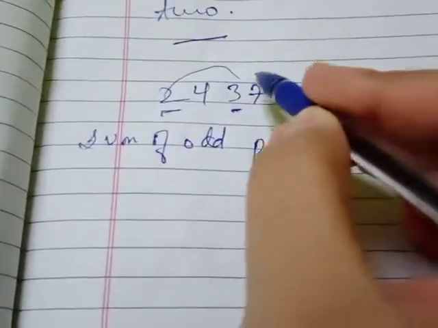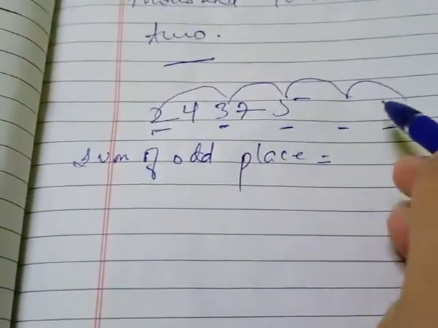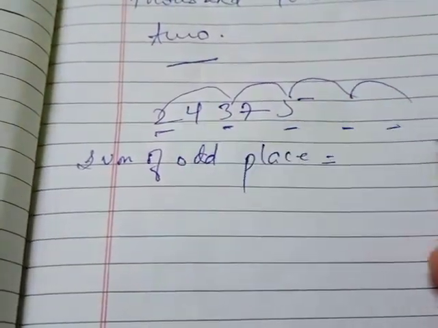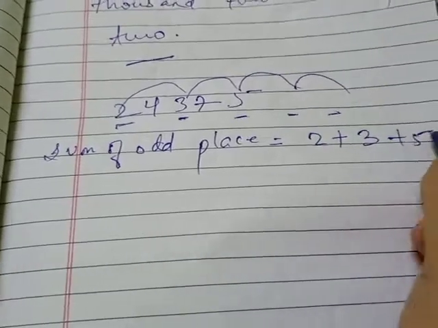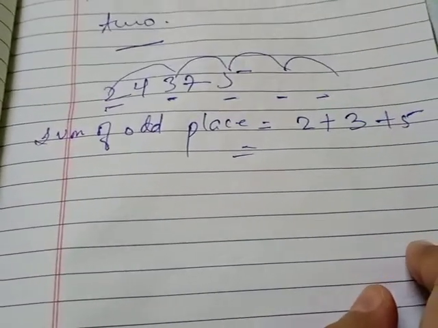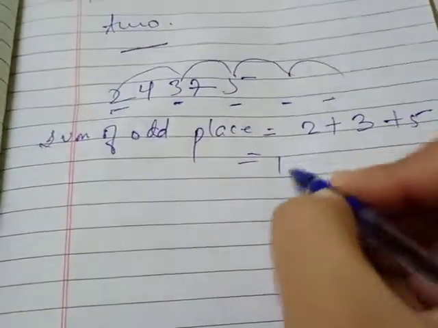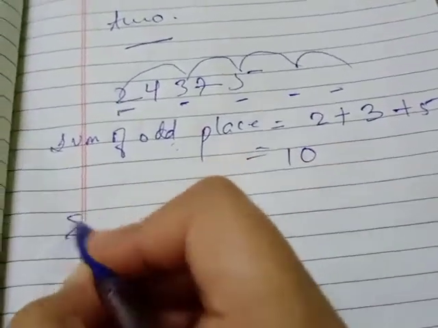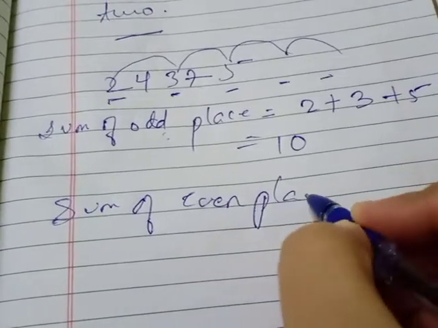All these, that is 1, 3, 5, 7, 9, are known as odd places. So that is 2 plus 3 plus 5. First of all, we will do the sum of odd places. 3 plus 2, 5, and 5, 10. Odd places, what sum are we getting? 10.